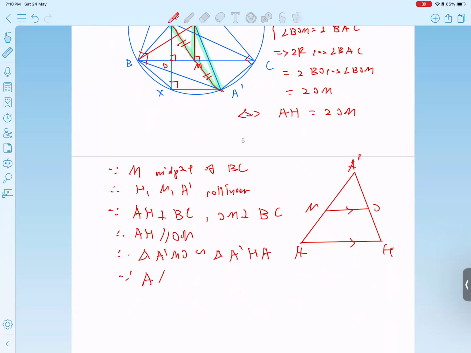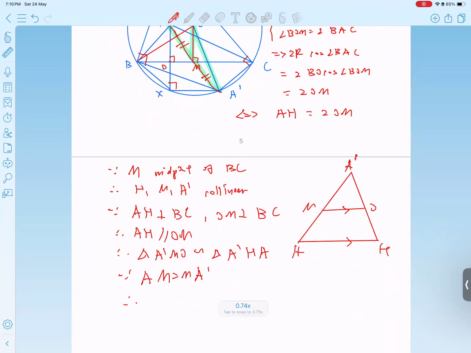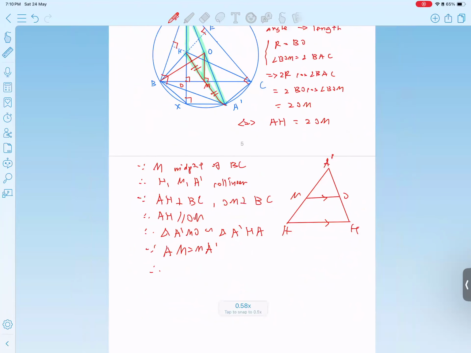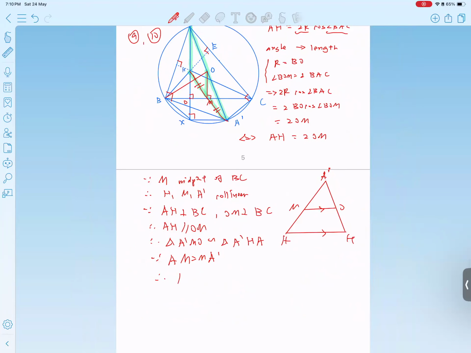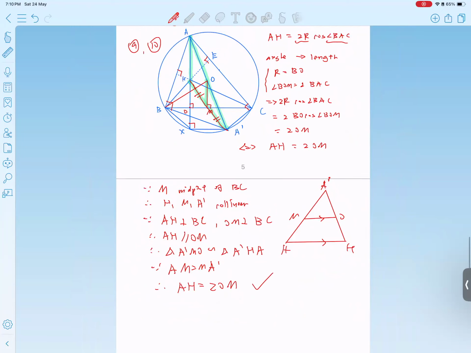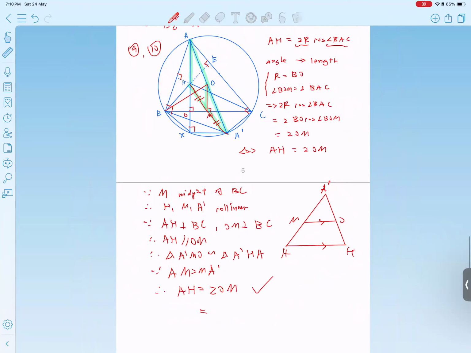So since HM equals MA dash, it's in fact a homothety of scale factor 2. So we have AH equals 2OM as required. And then this, of course, will be equal to 2R cosine BAC. And we're done.